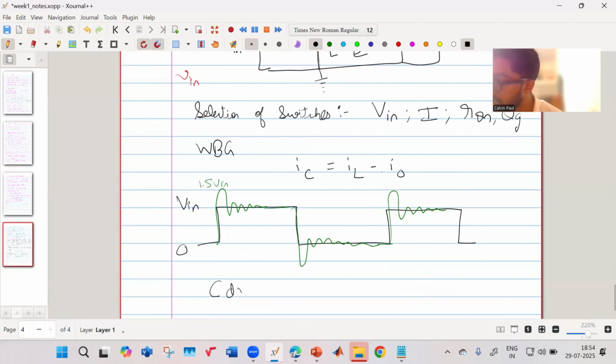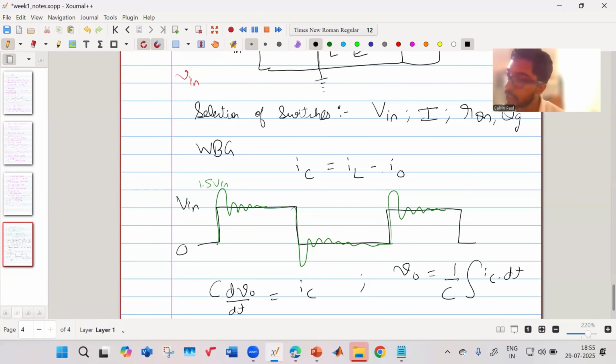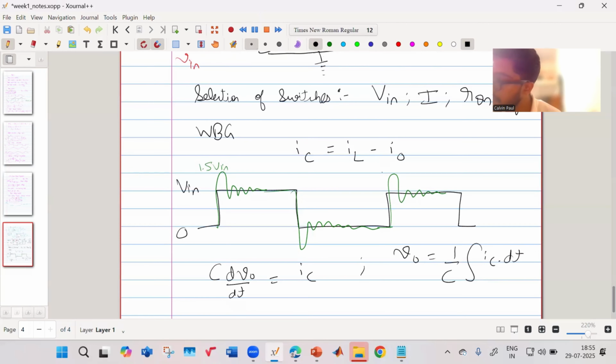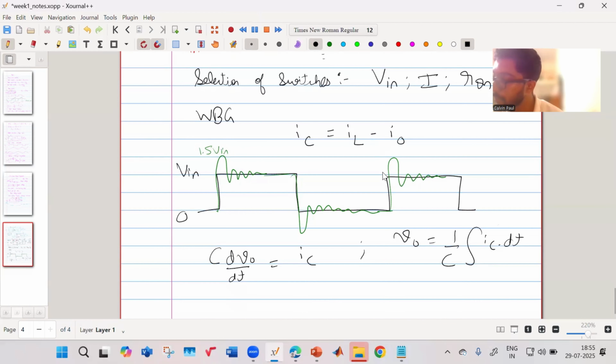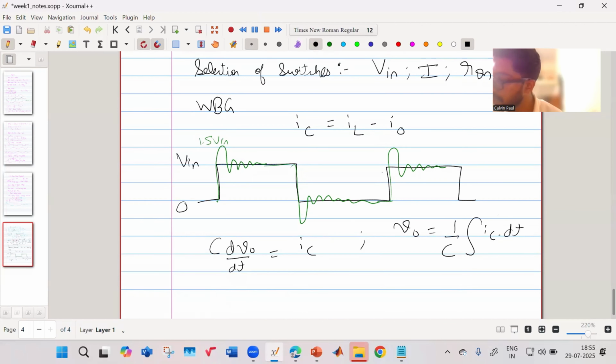C dV naught by dt is equal to IC. So your V naught is 1 by C integration of IC dt. This is the ripple voltage of your buck converter.